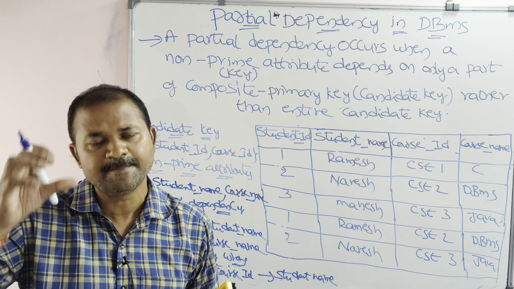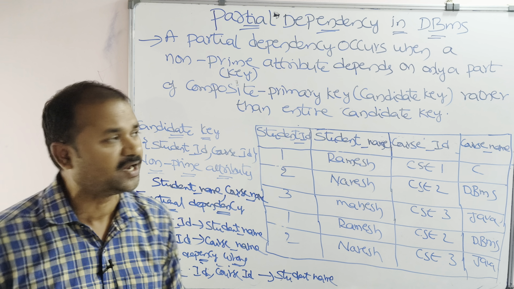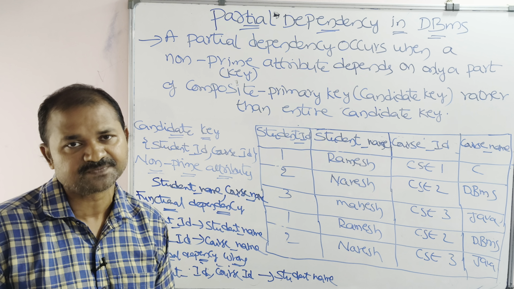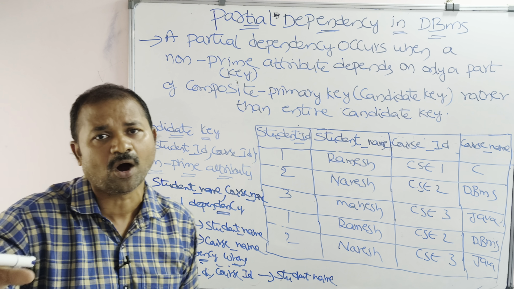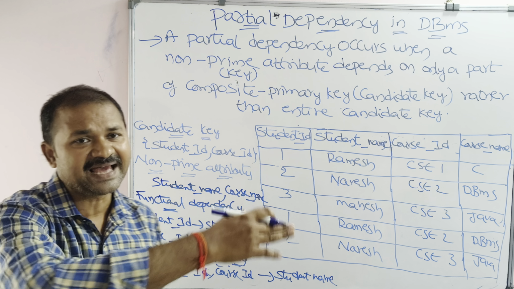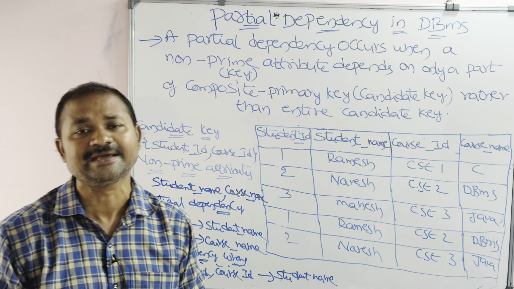So a partial dependency occurs when a non-key attribute depends only on a part of the candidate key rather than the entire candidate key.